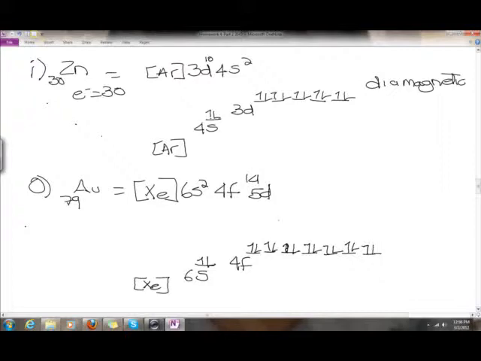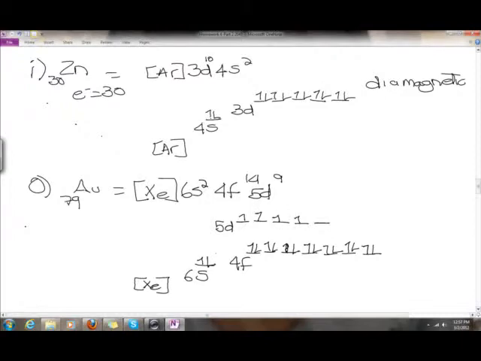Now let's go to the 5D. 5D would be kind of here. 5D, 1, 2, 3, 4, and 5. And I forgot to put the D here, 5D9. That would be, according to all the principles, like this.